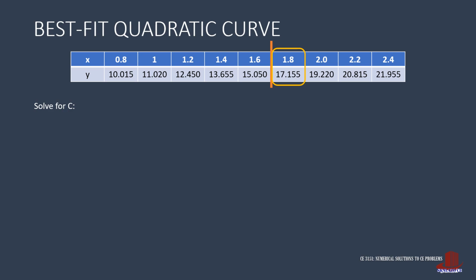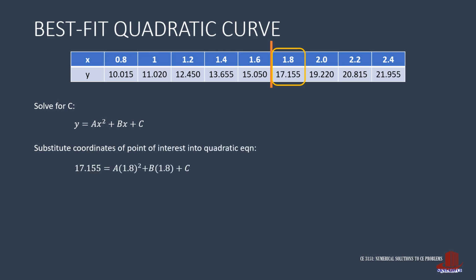Next is to look for c, and that is through the quadratic equation, where we plug in x and y of the coordinate we are interested in, and have 17.155 as equal to a times 1.8 squared plus b times 1.8 plus c.